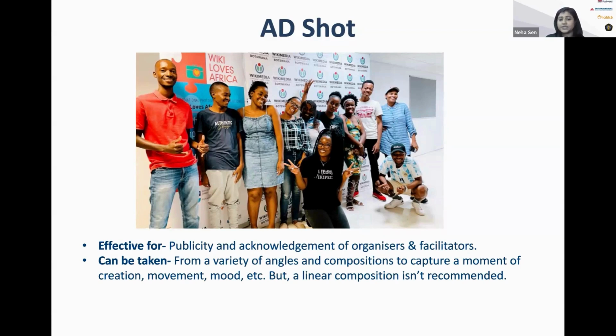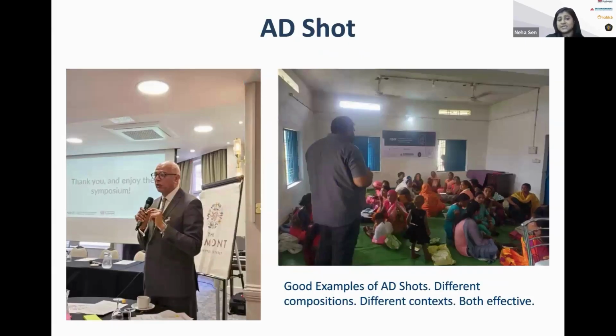I don't particularly recommend a linear composition for it, but it sometimes can't be helped. But try to get these kind of shots. Good examples of this are these two images. This, Maruf, I believe this is you at a training session or something. But the fact that the banner is here and the fact that I can see the NIHR logo makes it a good ad shot.